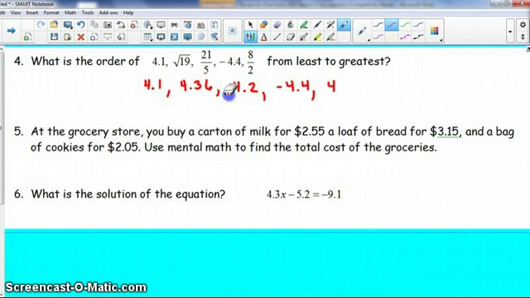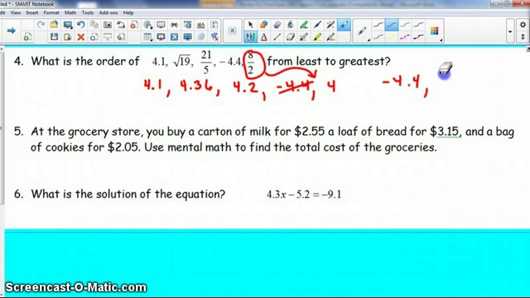So now that I see these, I want to order them from least to greatest, and I have a negative, so I know that one's going to go first, negative 4.4, and I can mark it out. Then I have 4.1 next. Nope, before 4.1, I actually have 4, but instead of writing 4, I'm going to write it the way that it came. It came as 8 over 2.